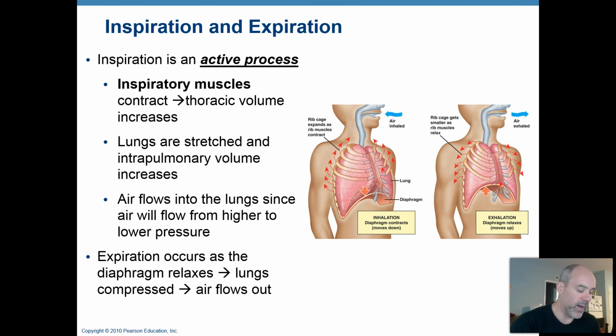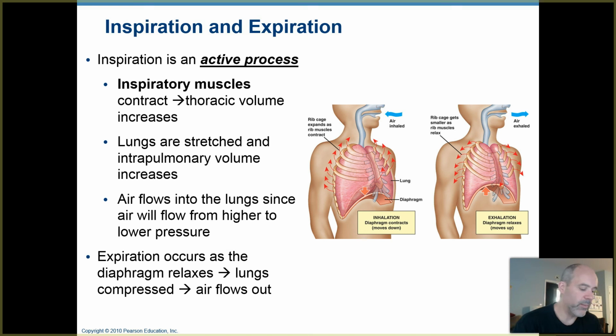Okay, and also I want to point out to you, there are other muscles that are involved in breathing, and you probably talked about some of these when you were studying skeletal muscles in Biology 201. If you guys remember your intercostal muscles, they're not shown there on the diagrams, but you have intercostal muscles in between the ribs, and as they contract, they also help to pull on the ribs and expand your thoracic cavity.